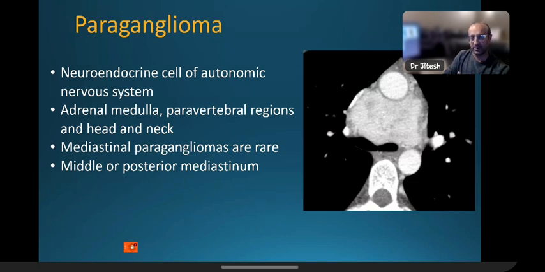The middle mediastinum or visceral mediastinum and the posterior mediastinum are the common locations within the mediastinum, most commonly the middle mediastinum. And in the middle mediastinum, it's commonly seen close to the left atrium. It can involve the left atrium also.